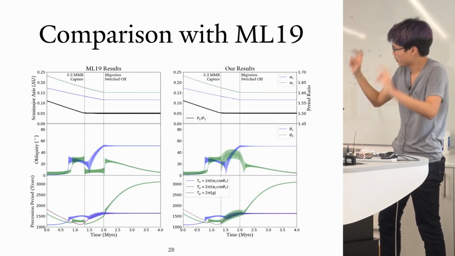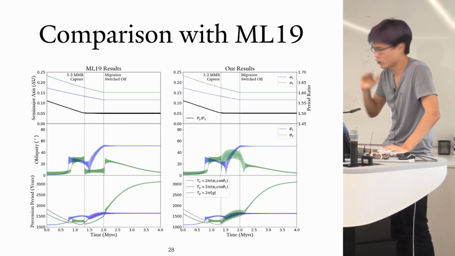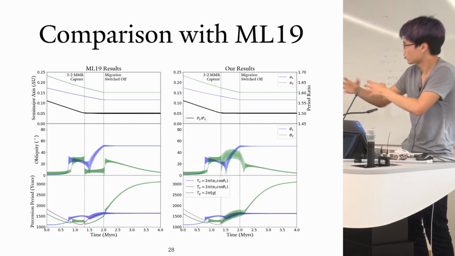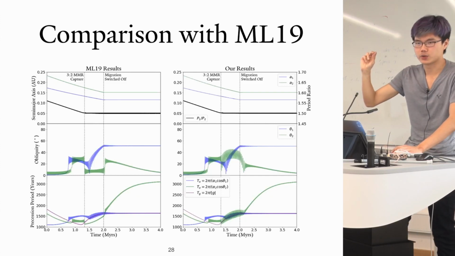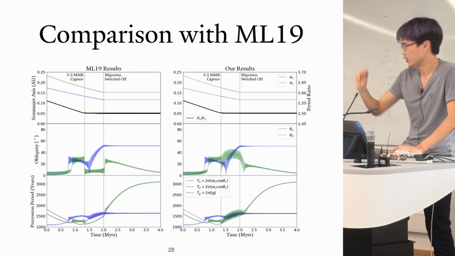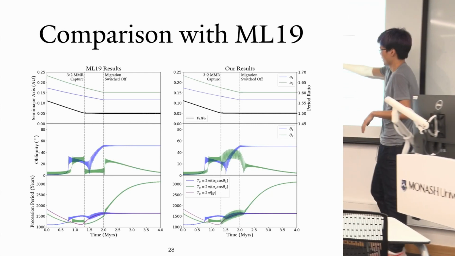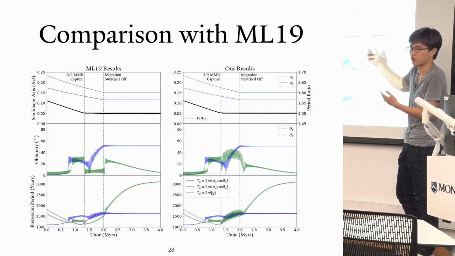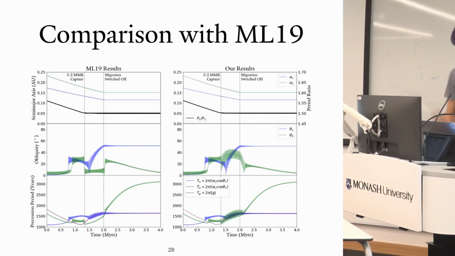The punchline of the Millholland and Laughlin simulations was that convergent migration of these two bodies was able to excite and maintain a high obliquity for the inner planet indefinitely. And you see the same thing with our simulations. The inner planet is excited and maintained at around 50 degrees, essentially indefinitely.